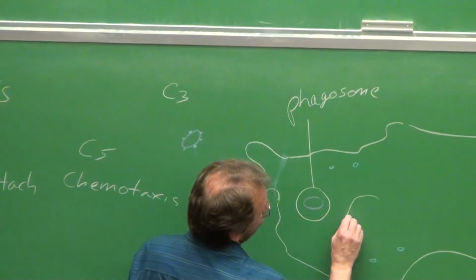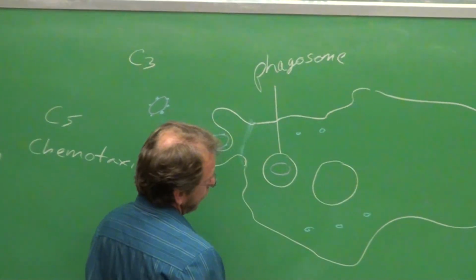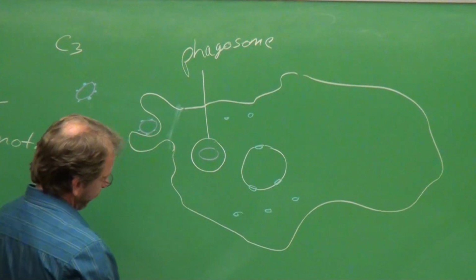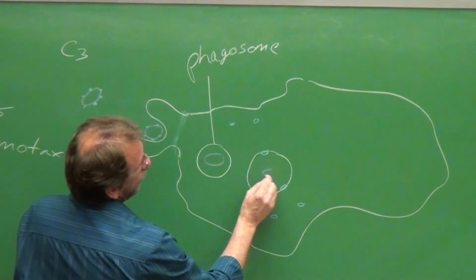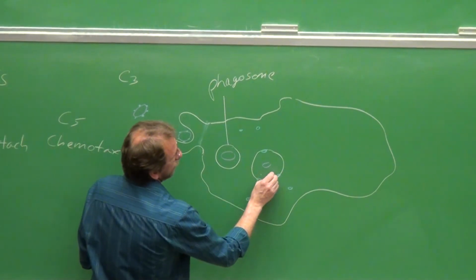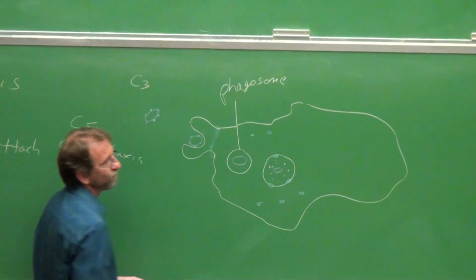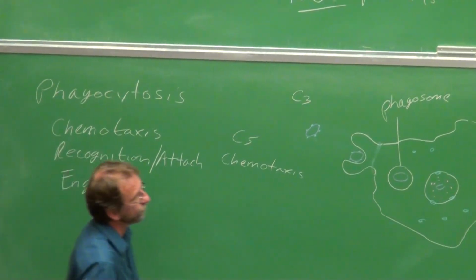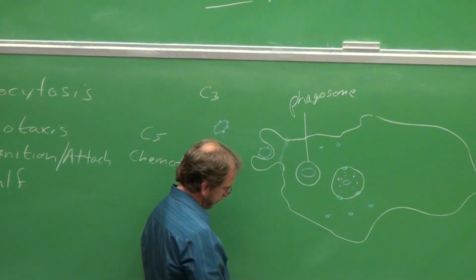And these little packets of the digestive enzymes, they're going to fuse with this phagosome, and they're going to release their materials into the phagosome, the digestive enzymes, and these digestive enzymes then will serve to break down the bacterium.